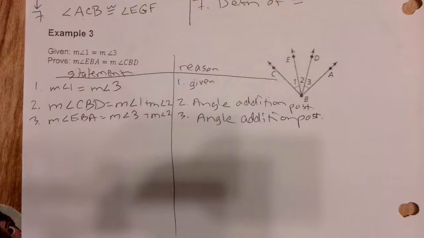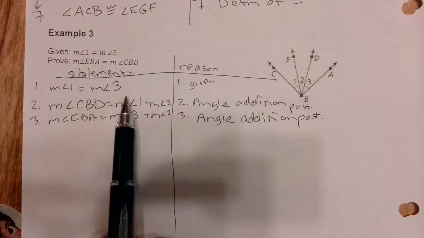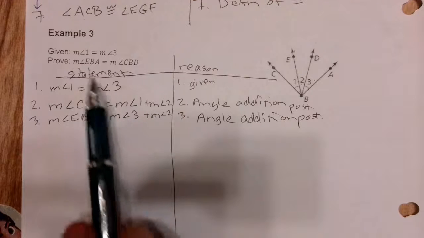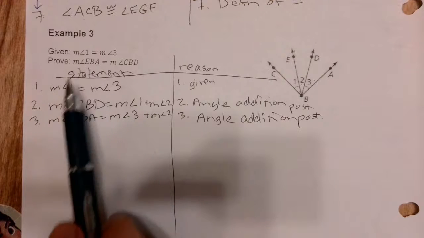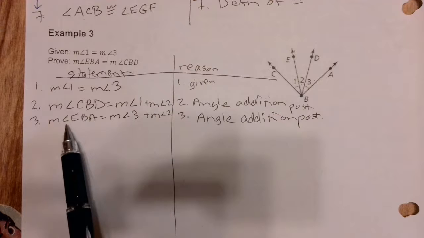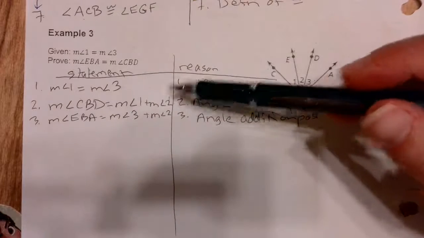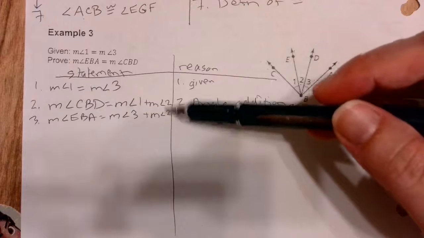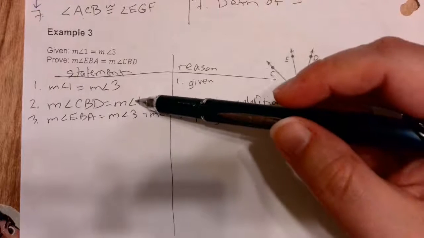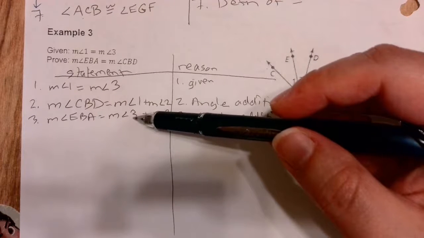And the reason I'm going to put the 3 first is because we eventually want to show that line 2 and line 3 are the same. And when I line them up like this, do you see the 2's are the same? The problem is that the 1 and the 3 are different.